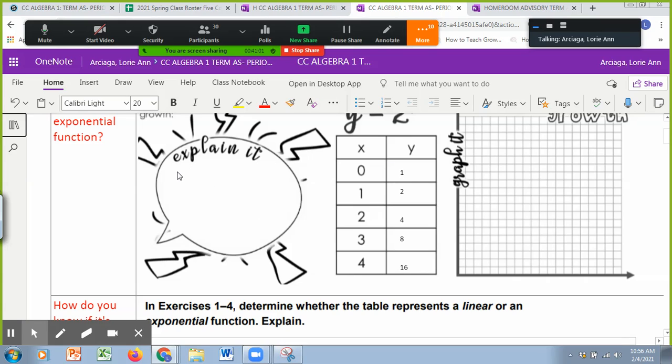Now let's explain what's happening over here. So double click so you can write in this cloud over here. All right. So as x increases, by how much? Can you tell me by how much x is going up or down?